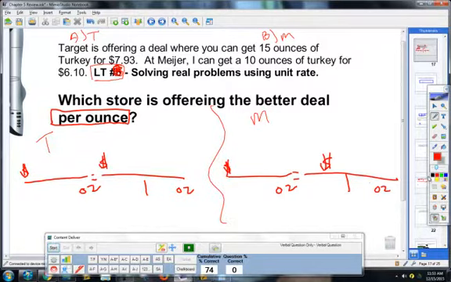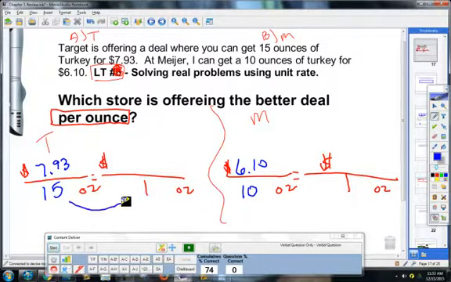Okay? The fake ratio at Target for this turkey is that the deal is you can get 15 ounces of turkey for $7.93. Okay? The deal at Meijer is that you can get 10 ounces of turkey for $6.10. So from here, now you know that you can do both. I don't care which way you choose.